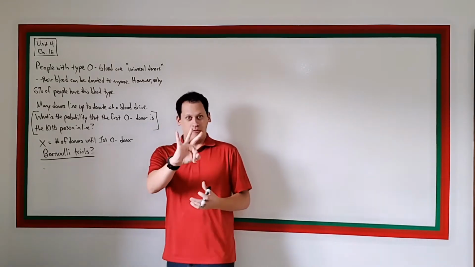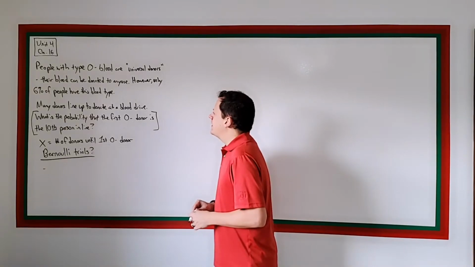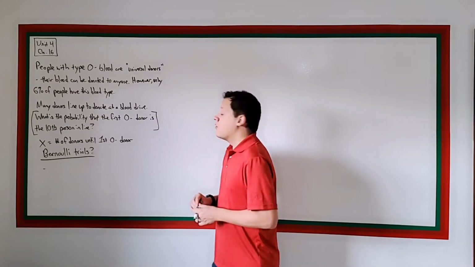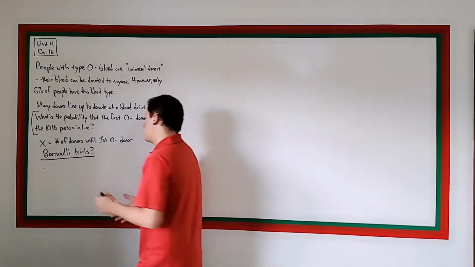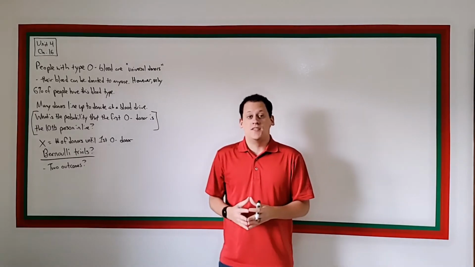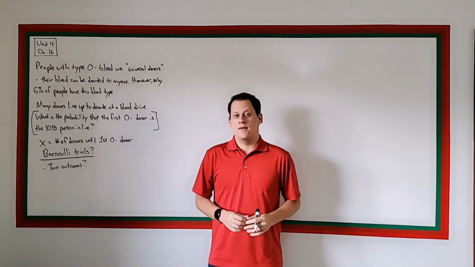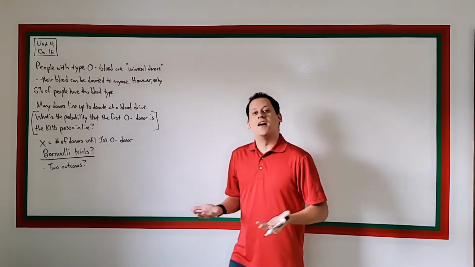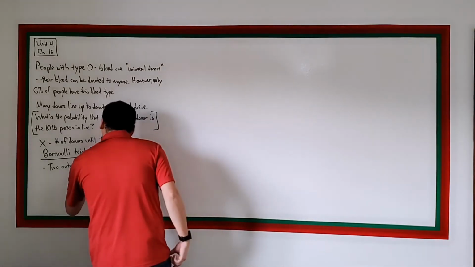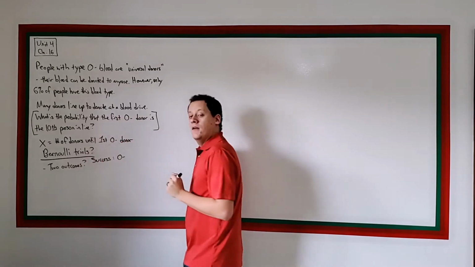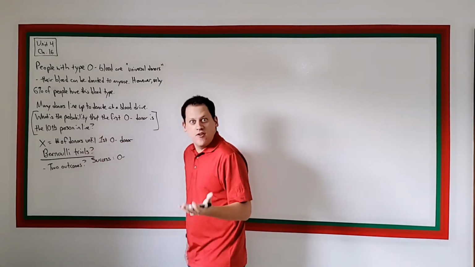There are 3 of them. Let's see. One of them is 2 outcomes. We need 2 possible outcomes. Can we say that we have either a success or a failure for each person in line? Yes. A success would be if that person is O negative. And a failure is if they're not.